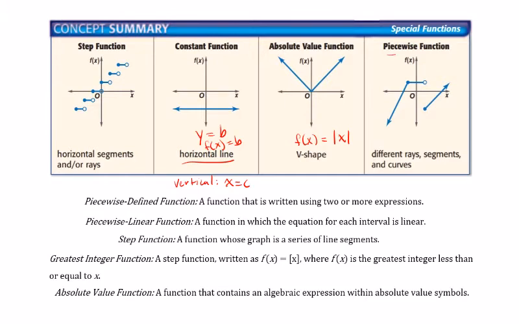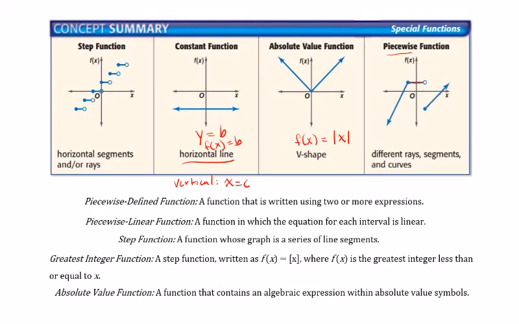So piecewise function is where you have different functions combined together. Okay, so different rays, segments, curves, it says here. And so you have kind of a function that's pieced together. So it may be part linear, part quadratic, part cubic, or it could be you see here a horizontal, upward sloping, downward, or actually both those are upward sloping.